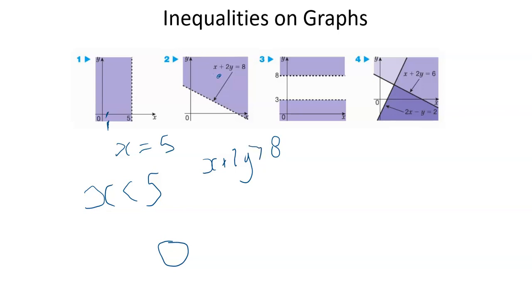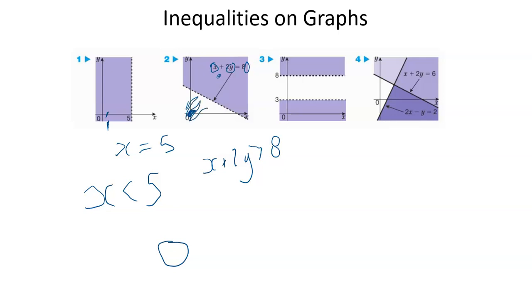Of course, if you wanted the white side, it'd be less than, because it's just either side of the line. And if you're not sure, always just try 0, 0. If you substitute that in, 0 plus 2 times 0 equals 0. What is 0 compared to 8? 0 is less than 8.